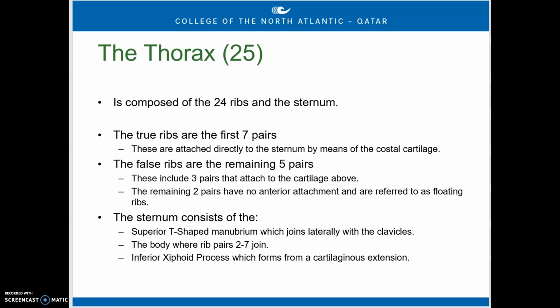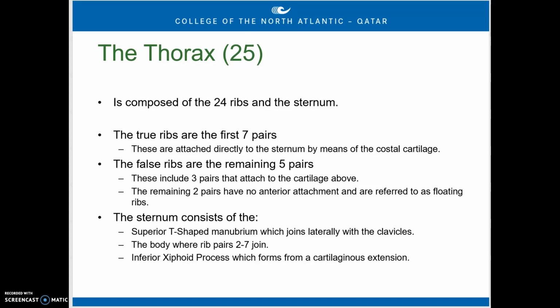So those are the ribs, and the second bone that we're talking about in the thorax is the sternum. Now the sternum is a long flat bone. It's shaped like a T. The anterior part is the T-shaped part, what we call the manubrium, and the manubrium is the articulating surface, the place of the bone that's going to join with the clavicles, which are part of the pectoral girdle.